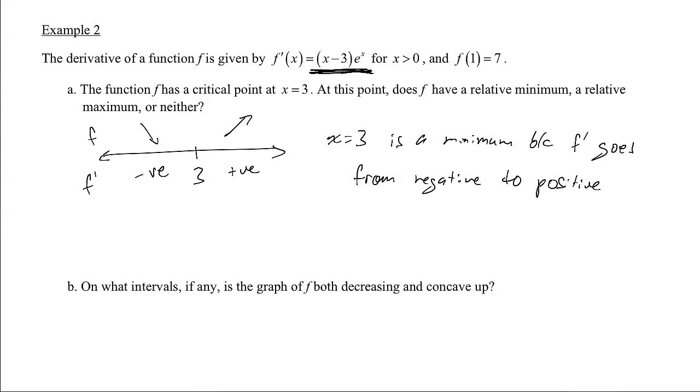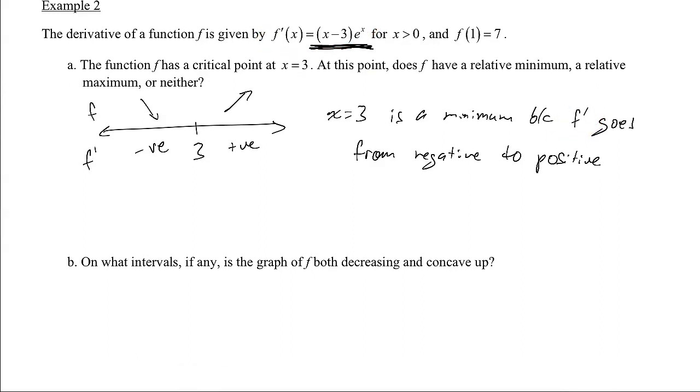Right, that's our justification. You could have also said that f goes from decreasing to increasing, but I like stating things in terms of f prime when I am given f prime. All right.